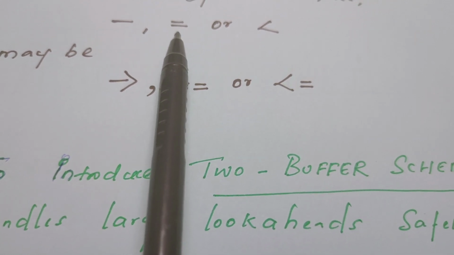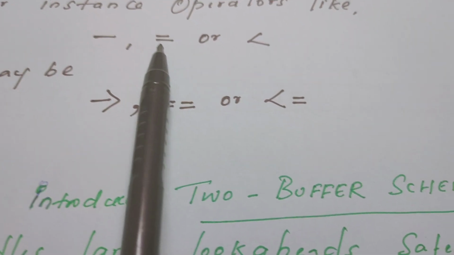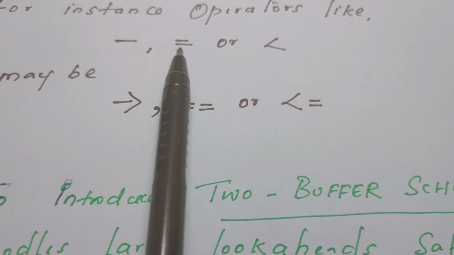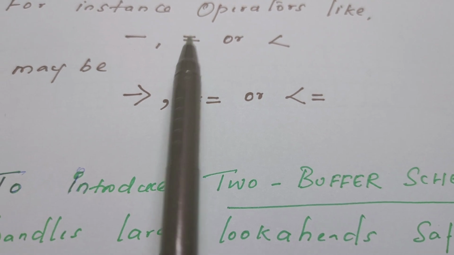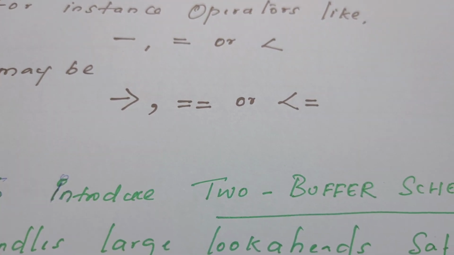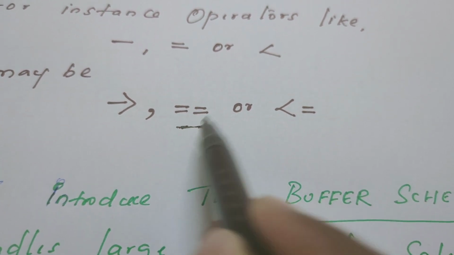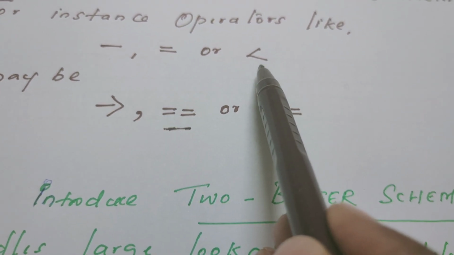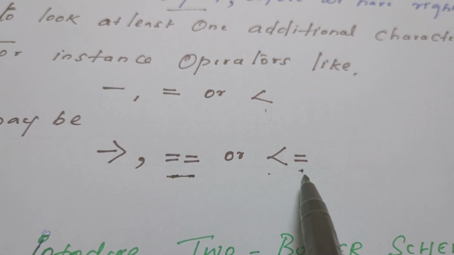Similarly, if there is an equal to operator, just by reading it, the lexical analyzer cannot conclude that it is an assignment operator, because this equal to may be followed by another equal to, which gives the meaning of the equal to operator. Similarly, the less than operator may be followed by an equal to, which gives less than or equal to.